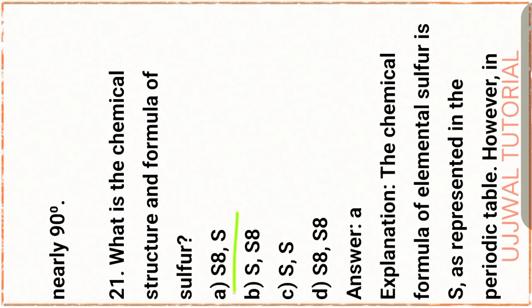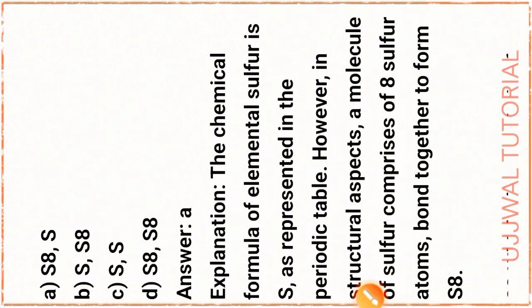Explanation: the chemical formula of sulfur is S, as represented in the periodic table. Whereas in structural aspect, a molecule of sulfur comprises 8 sulfur atoms bonded together to form S8.